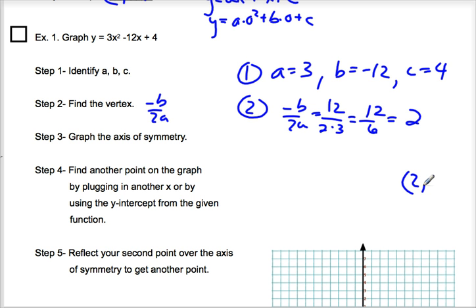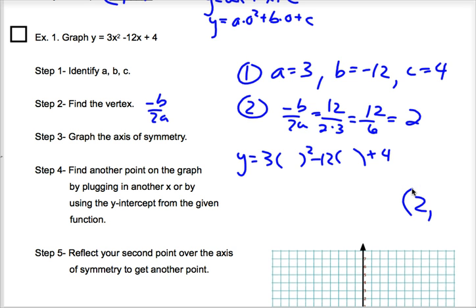How do I get the y-coordinate? Well, I get the y-coordinate by plugging it into y equals 3x squared minus 12x plus 4.